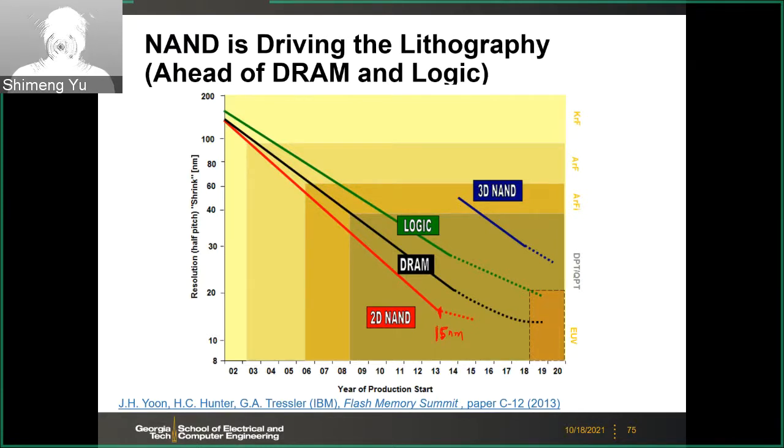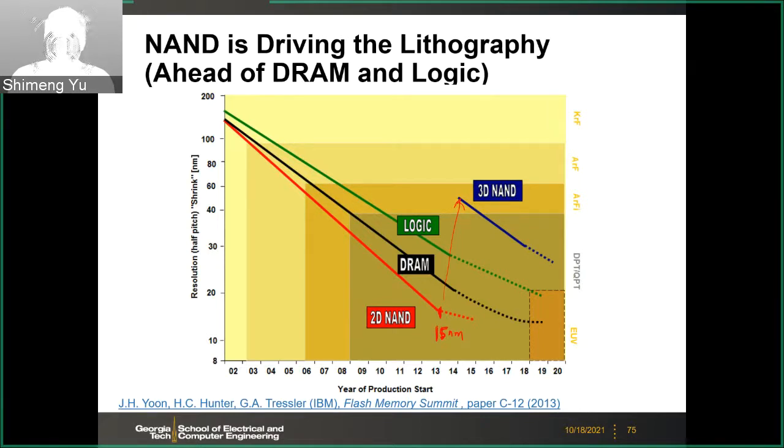So for 3D NAND flash, we use the third dimension to stack more cells vertically, and in that case the feature size actually relaxed back to 60 nanometer for the half pitch, or even 100 nanometer for the half pitch. So 3D NAND flash actually has larger lateral dimensions, but it stacks more cells vertically. So 3D NAND flash is no longer limited by the lithography.